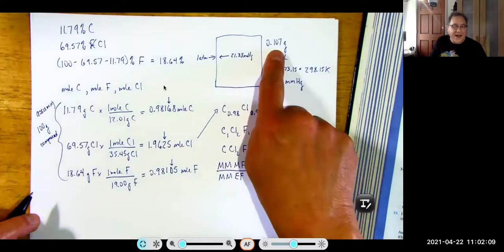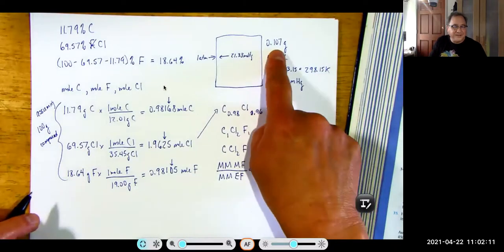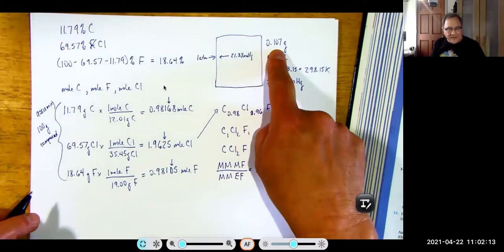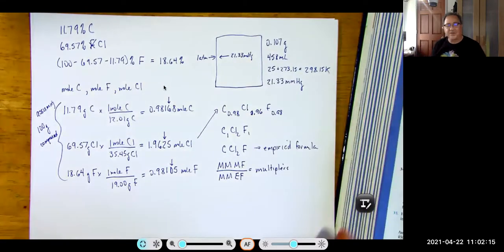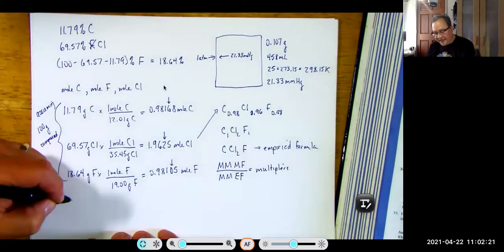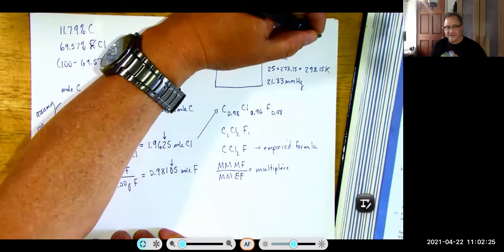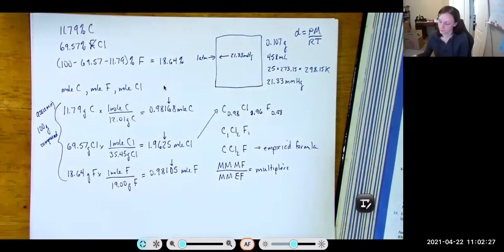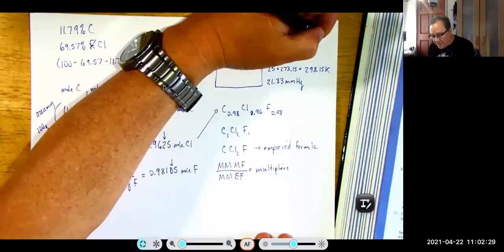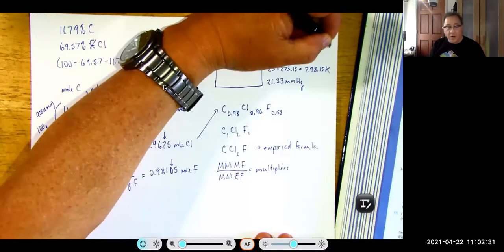we've got grams. Whenever you see grams of the gas, what formula pops into your mind? D equals PM over RT. Right. And D is m over V, lowercase m, right?